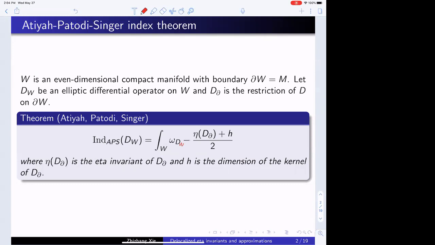And then there's a contribution from the boundary. This is the eta invariant of this operator on the boundary. And h here is the dimension of the kernel of this operator. So this is how the eta invariant came about.